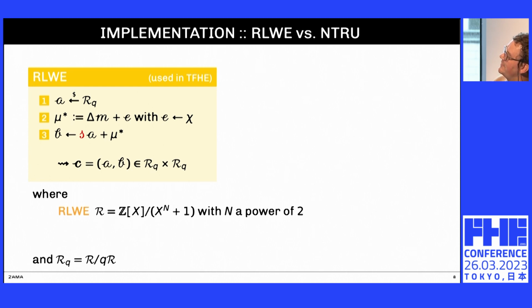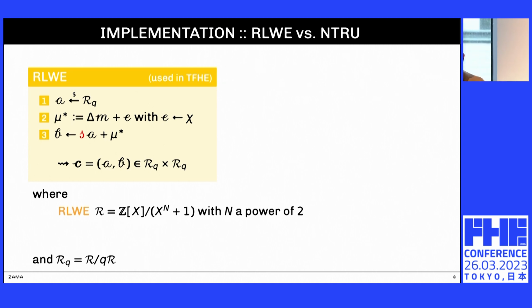Then to get the body polynomial, you multiply the secret polynomial S by A, the mask, and you add the noisy message. And you get the ciphertext, which is the pair A, the mask, and the body B. That's one way to do it. What you have to observe here is that the ciphertext is made of two polynomials. That's the main observation.